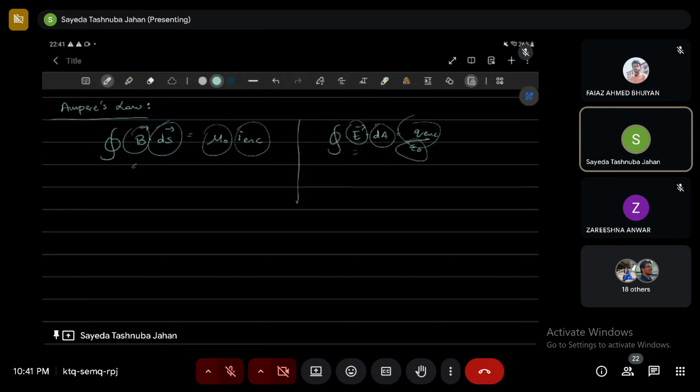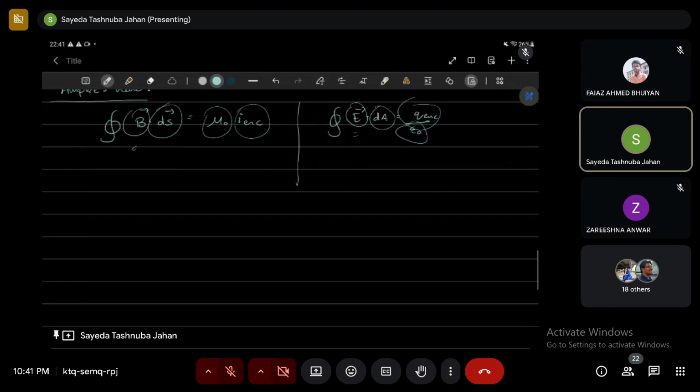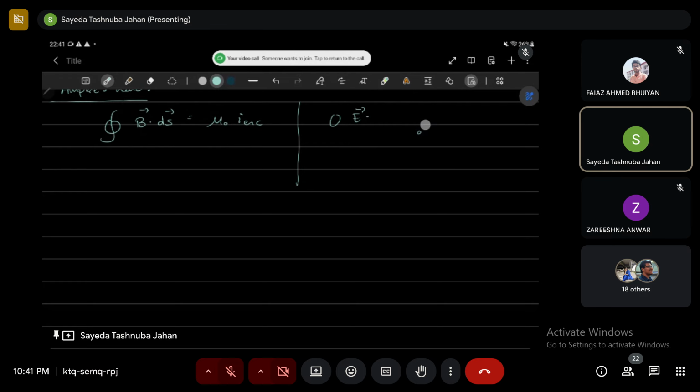Okay, so এই দুইটা হচ্ছে difference. And mu naught or epsilon naught, of course, these are constants that are respective to electric field and magnetic field separately. So you can see that they are similar, but they differ in some ways, but philosophy the same. Okay, so same philosophy we will use it to find the magnetic field.